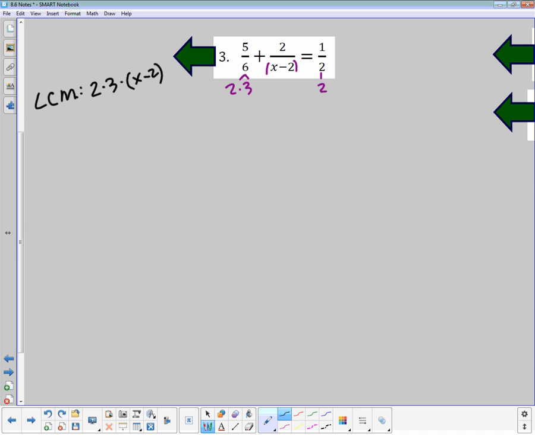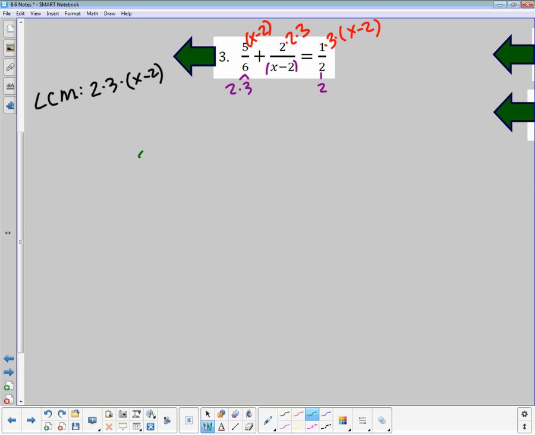So now let me figure out what I'm missing in each part. For the first one, I have the 2, I have the 3, I'm missing the x minus 2. In the middle one, I have the x minus 2, I'm missing the factor of 2, and I'm missing the factor of 3. And on the other side of the equal sign, I have the factor of 2, I'm missing the 3, and I'm missing the x minus 2. So now, let me put all that back together.